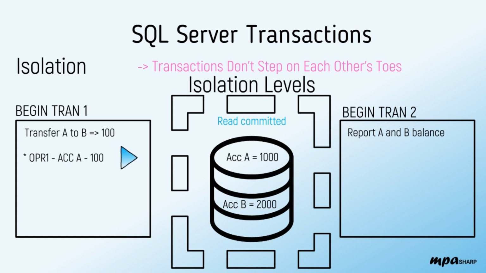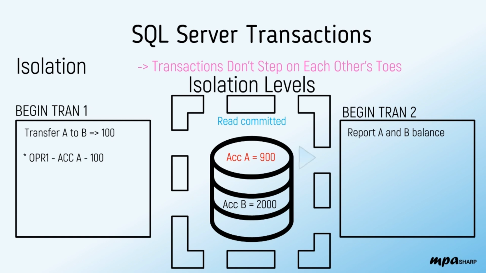It begins the transaction, and then goes to the operation of deducting the balance from account A and prepares to add it to account B, but it's not at that stage yet. At this point, account A's balance temporarily becomes 900, but it's not committed because not all the steps are completed.